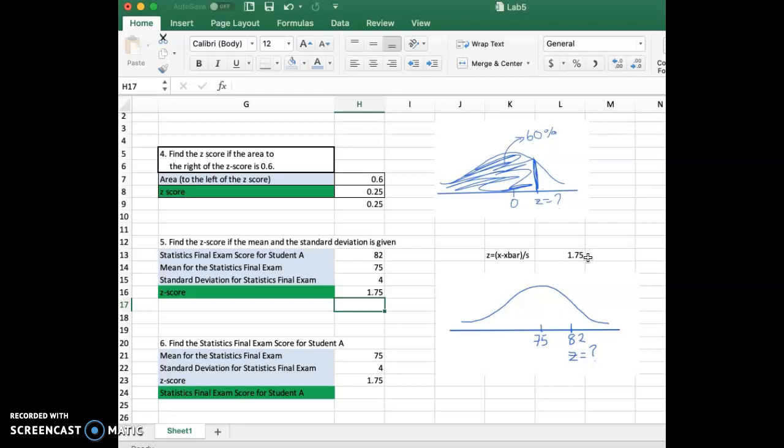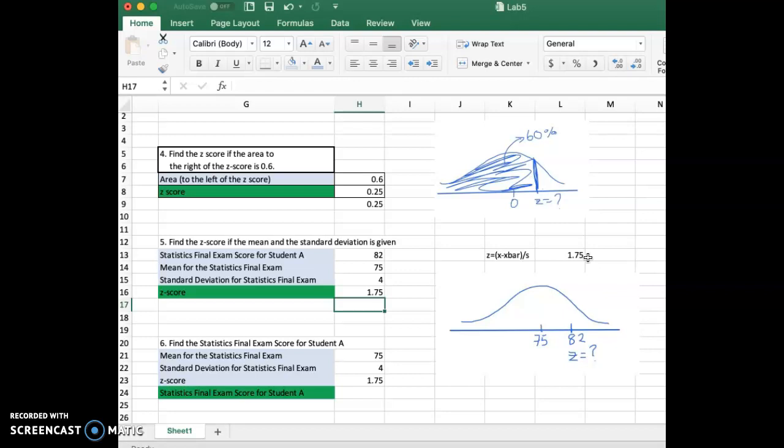Everything is good until now. What about if we want to find the statistics final exam score for student A? For this case, we have mean given, standard deviation given, z-score given, but the student's final exam score is not given.